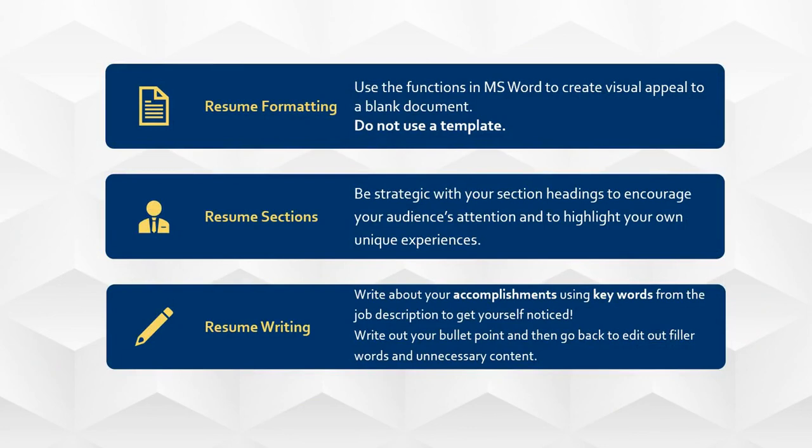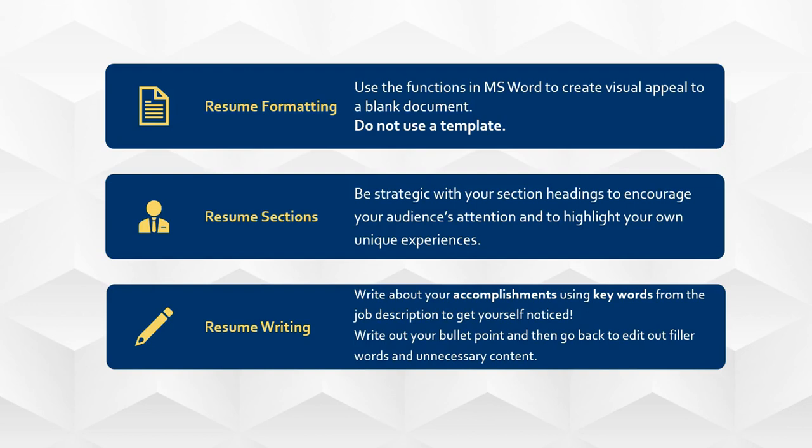A few key takeaways for you before you wrap things up here: when it comes to resume formatting, please use the function in Microsoft Word to create visual appeal in a blank document. Do not use a template. Resume sections, be strategic with your section headings to encourage your audience's attention and to highlight your own unique experiences.